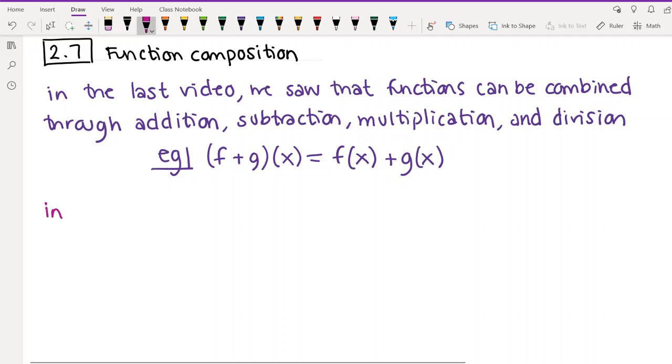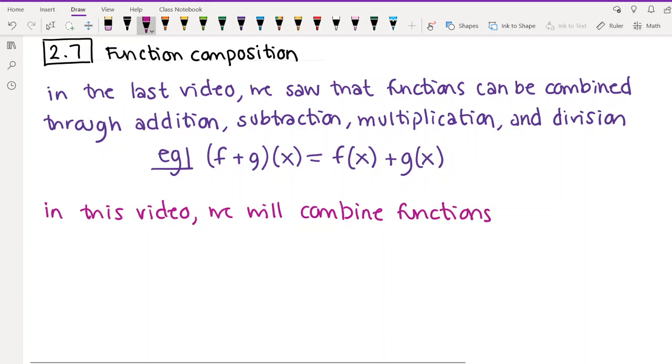So in this video, we will combine functions through a method called composition.